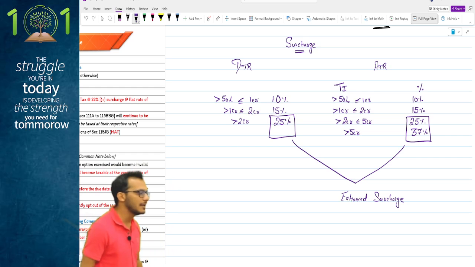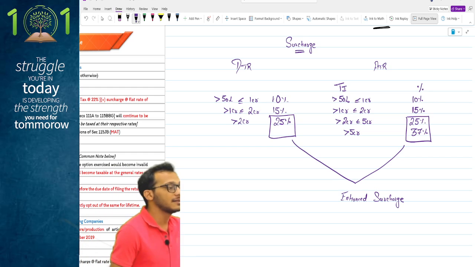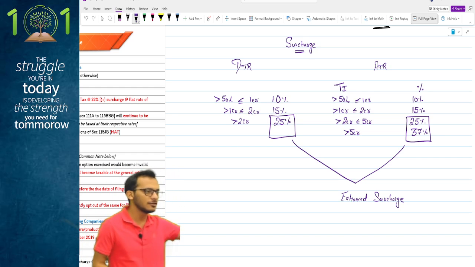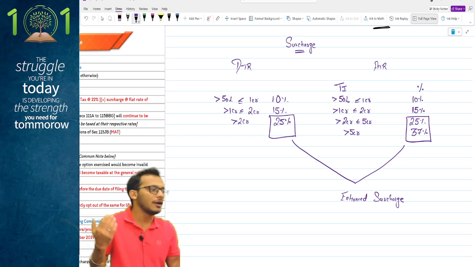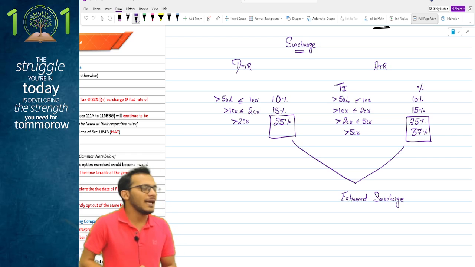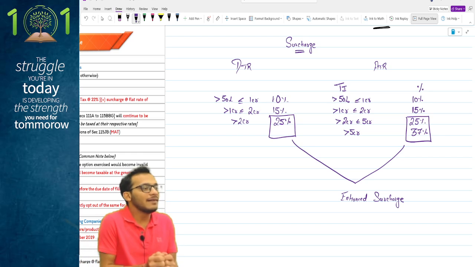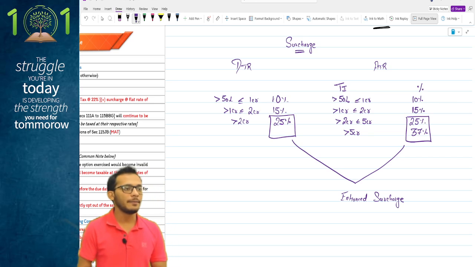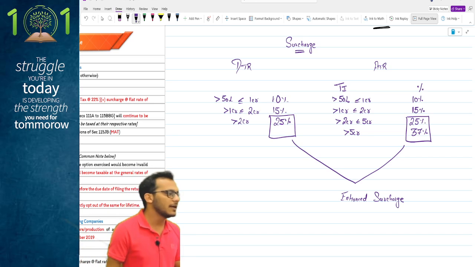Therefore, in the 2019 ordinance, they came back and said, the enhanced surcharge, I don't want to levy it on everything. I will do one thing. Rahul, this enhanced surcharge will not apply on my investment incomes. What do you mean by investment incomes, people?